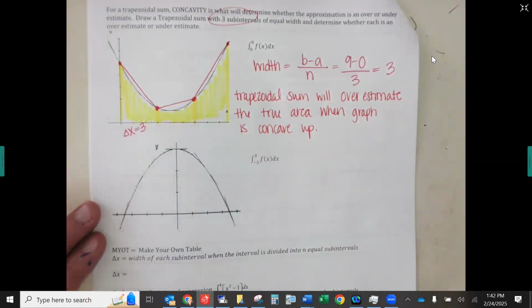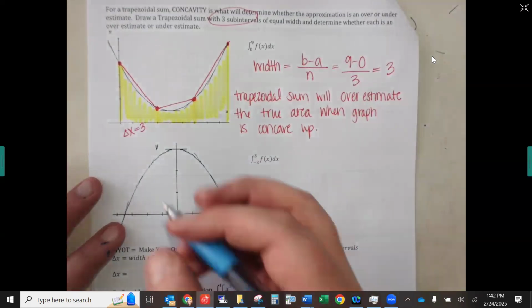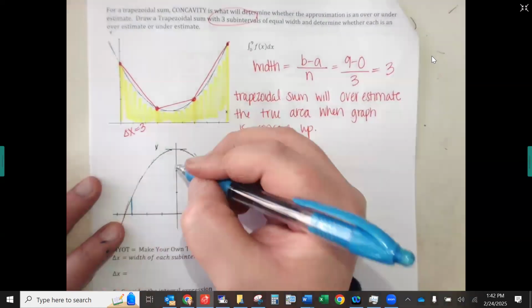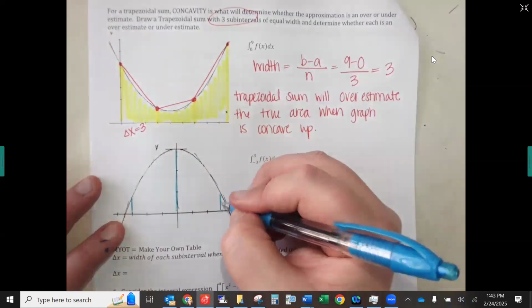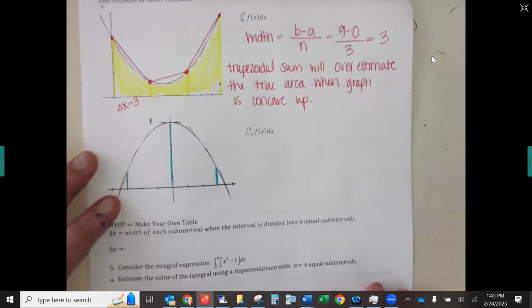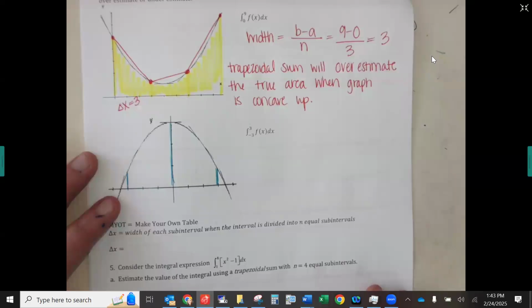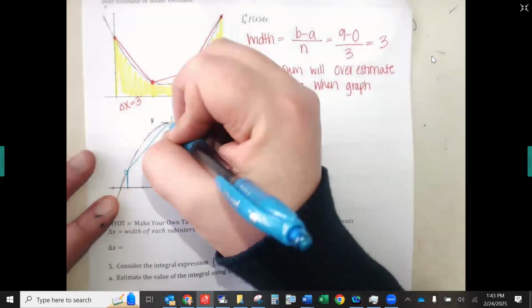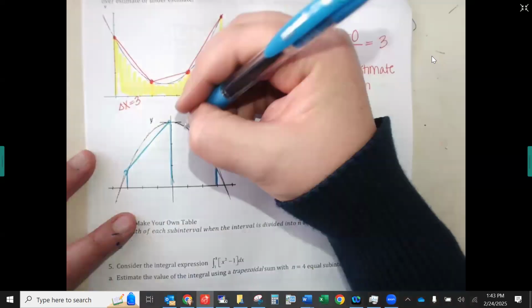Okay, we're now going to do the same thing with the bottom graph. Okay, so go ahead and splice your area into 3 pieces. But actually, let's just cut it in. Let's just go here to here to here. So we're only going -3 to 3, but I'm just going to divide it into 2 pieces. Okay, and then I'm going to connect the endpoints to make my trapezoids.